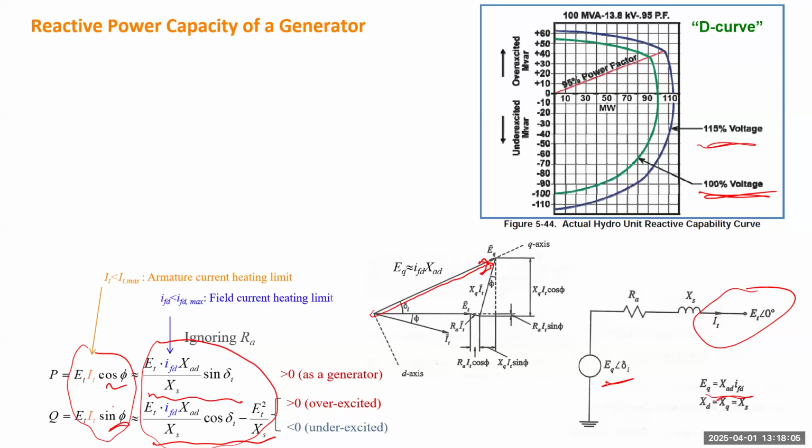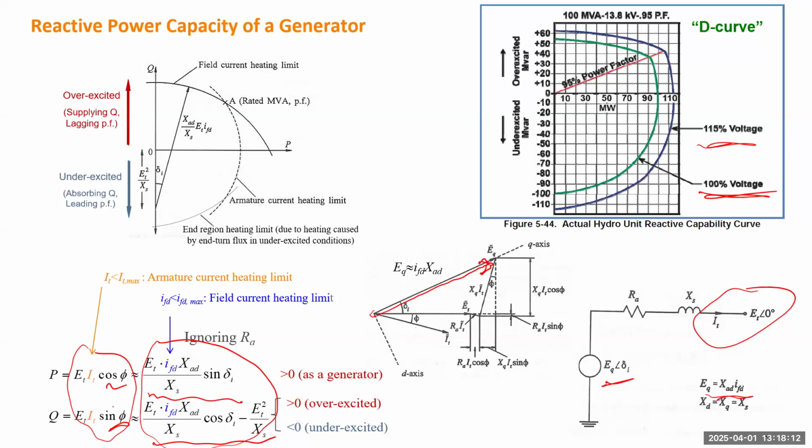If we consider both limits, for the terminal current and for the field current, we actually can draw two circles, because if you're familiar with the form of the two sides of the formula, each side of the formula is describing a circle in polar coordinates, right? Because phi will be the variable to change, and this product, which is the apparent power, will be constant. So that indicates the radius of the circle. That is this radius.